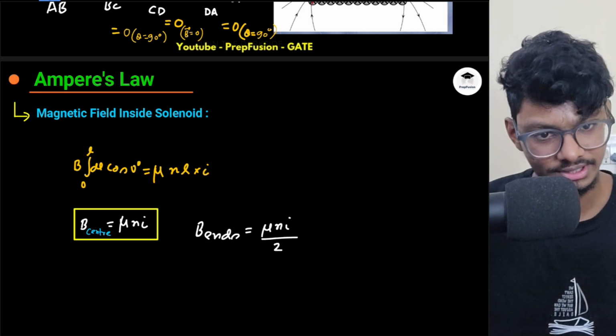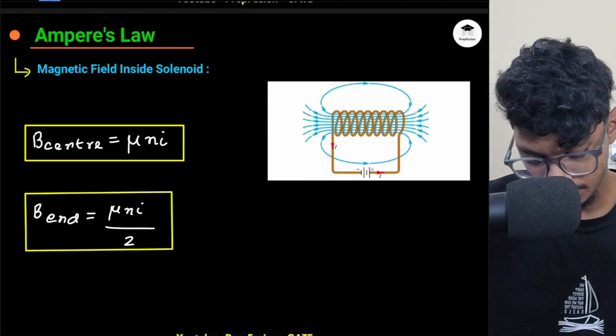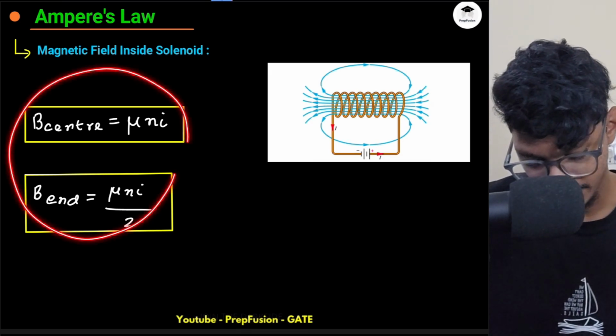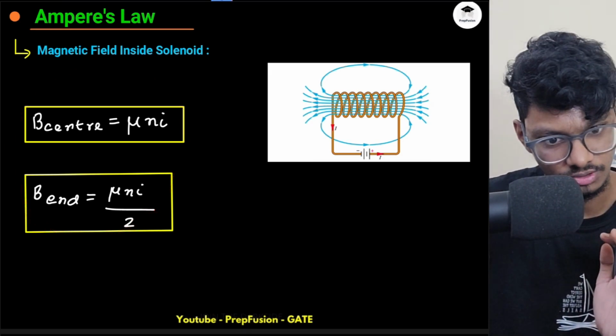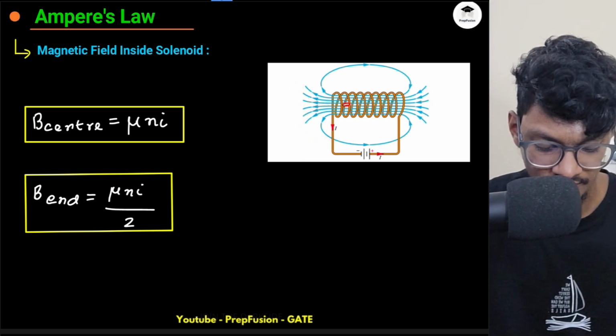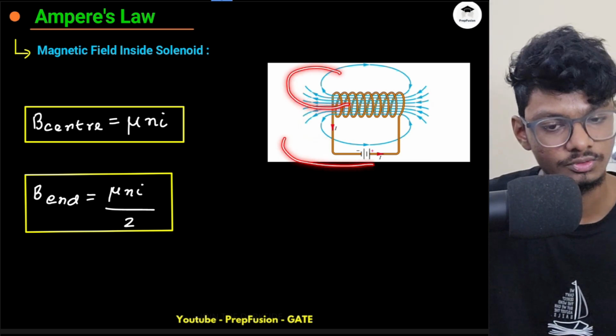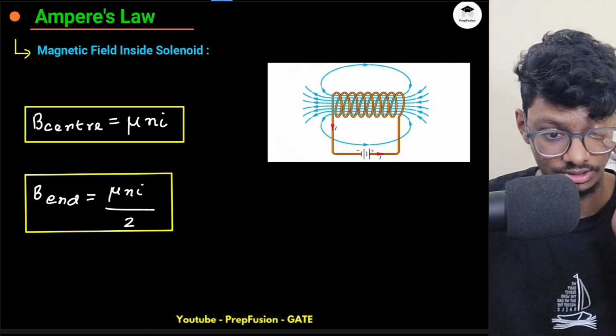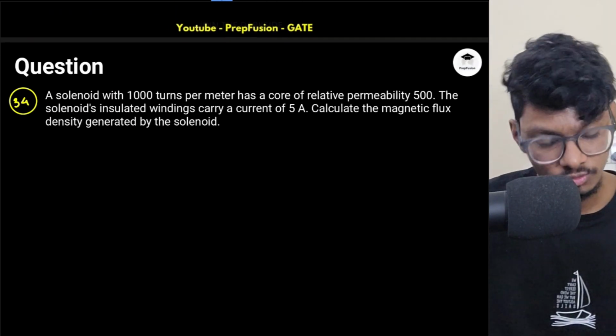I have just written the formulas, and you can remember these. I hope you understand why at the ends it is half: half of the field goes up, half of the field goes down. That's the simple reason. Let's do a few questions on this.